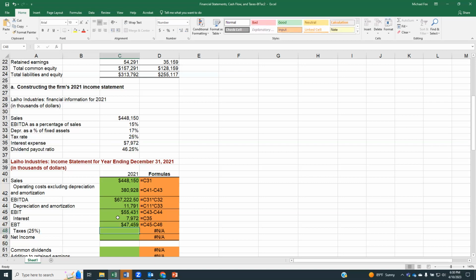Then our taxes are 25%. So that's 25% of our EBT. So I'm going to say this equals EBT times, I'm going to click here on cell C34, which is our tax rate. And our earnings before taxes minus our taxes will give us our net income.